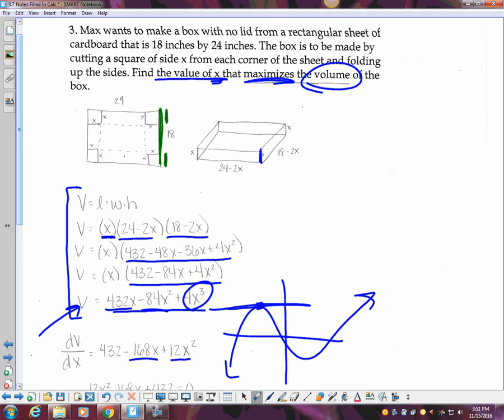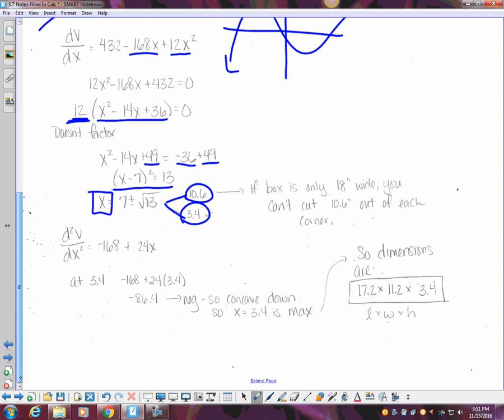So cutting 10 inches from each side, you're not able to do that. So if the box is only 18 inches wide, you can't cut 10.6 inches out of each corner. So it is not logical. So I'm going with the 3.4 for my critical value.